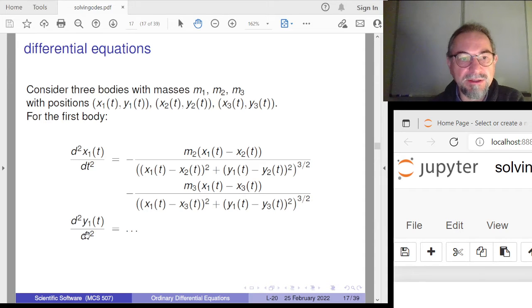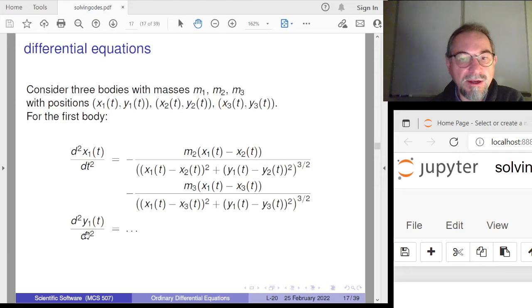So the way this happens is that the masses play a role in the numerators, and the distances play a role in the denominators. So the way the forces are going to act depends on the masses and on the distance between the three bodies.